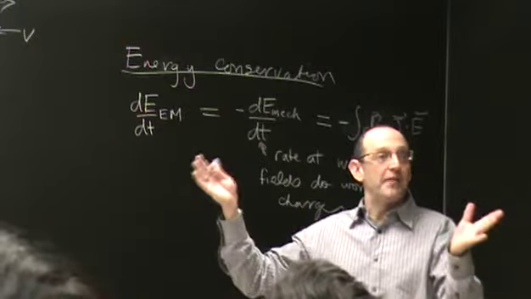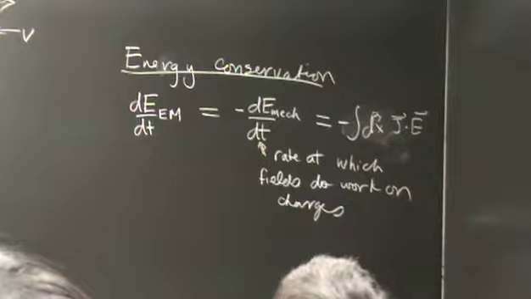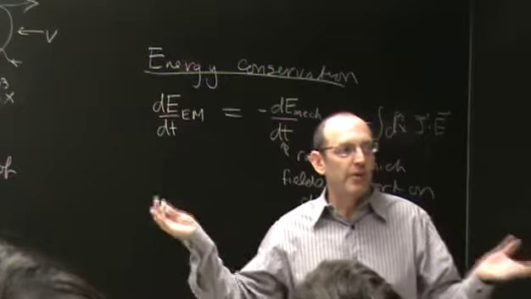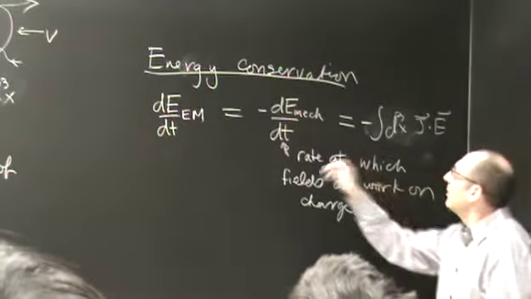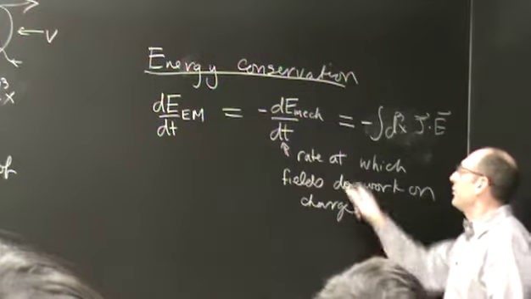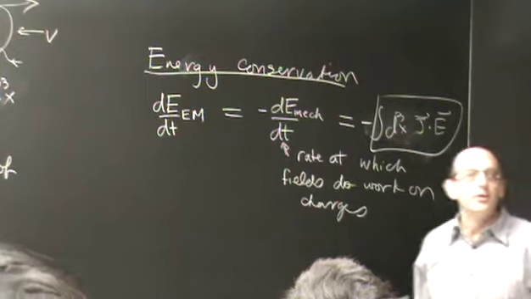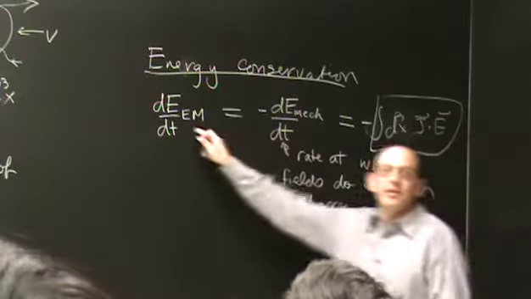So if the charges are losing energy, the only place that's going in this case is, well, it could be heat or a field. That's where it could be residing. And so what we showed, of course, is that the rate at which the fields do work on the charge was related to this. So the negative of that is the rate at which this is increasing.